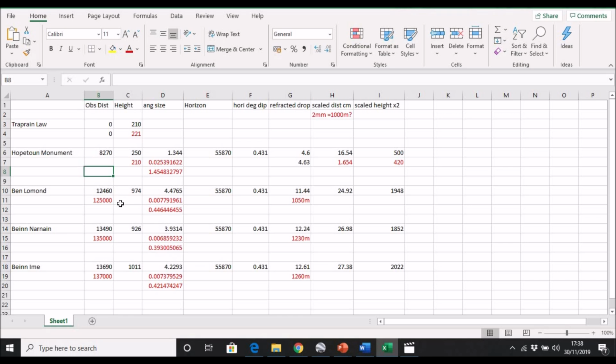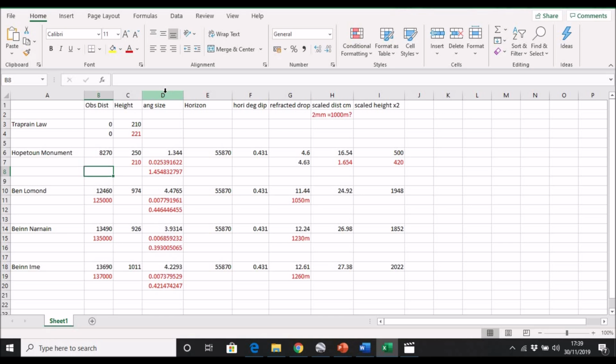I rounded it up. That is 125,000 meters. Okay, 1 kilometer is 1,000 meters. So he's out by a factor of 10. He's out by a factor of 10 in Ben Narnain. He's out by a factor of 10 with Ben Eam.